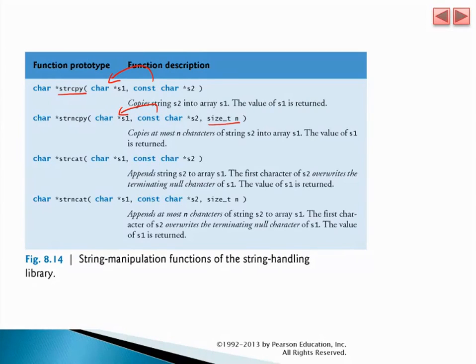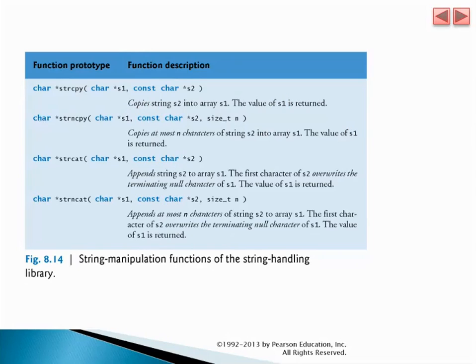It will not copy the entire s2 into s1. It will just copy n characters from s2 to s1. The final value in strcpy is returned as s1. The second argument will get copied to the first argument. This is the thing that you have to remember. Don't get confused by this.